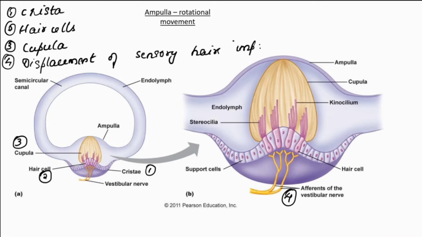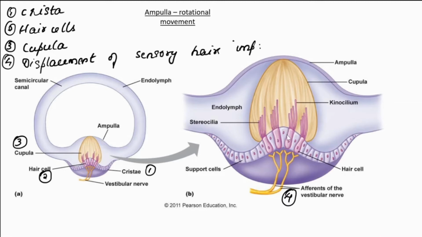Then, what is the significance of this ampulla? Whenever we rotate our head, that is sensed by this ampulla. If we turn the head, it is sensed by the ampulla. As we rotate our head, this hair cell may bend. And this bending initiates some stimulus.